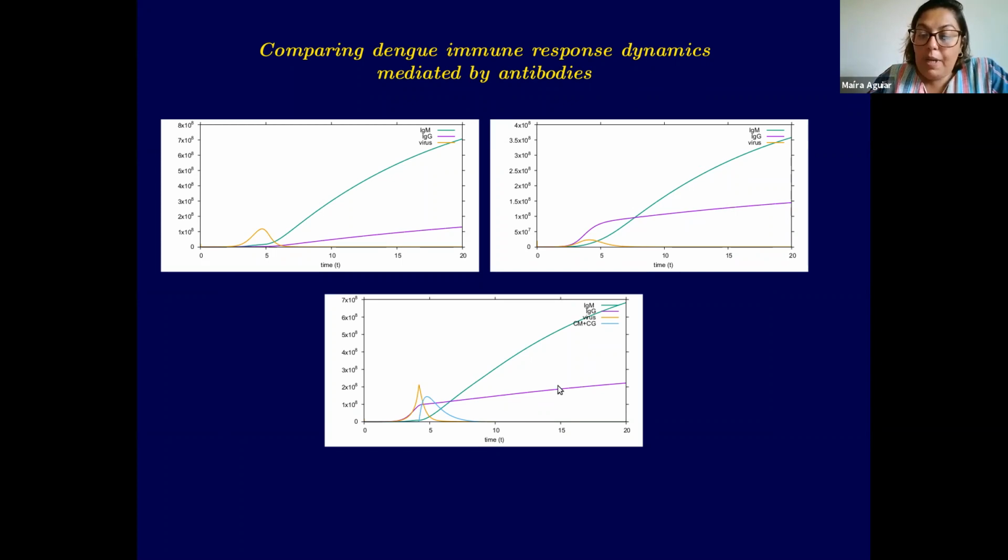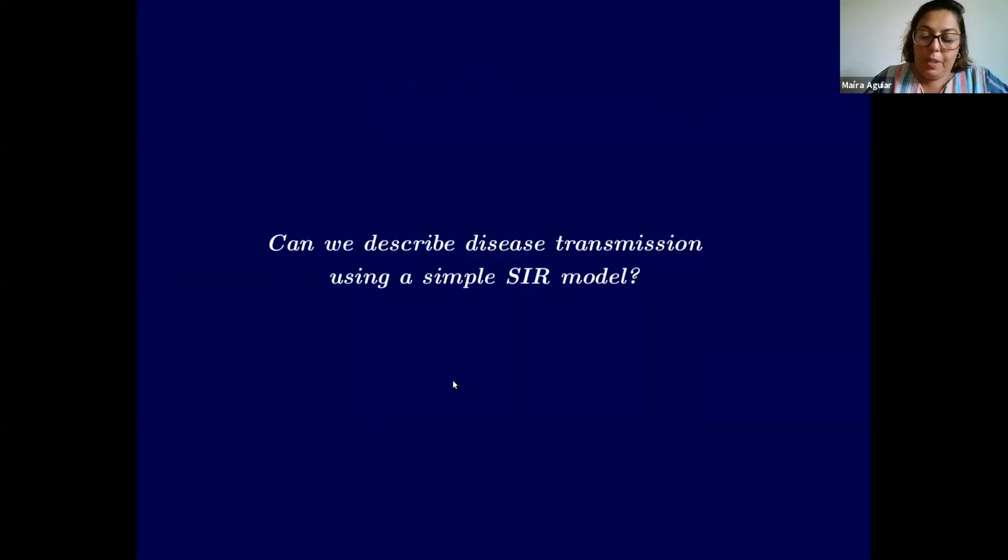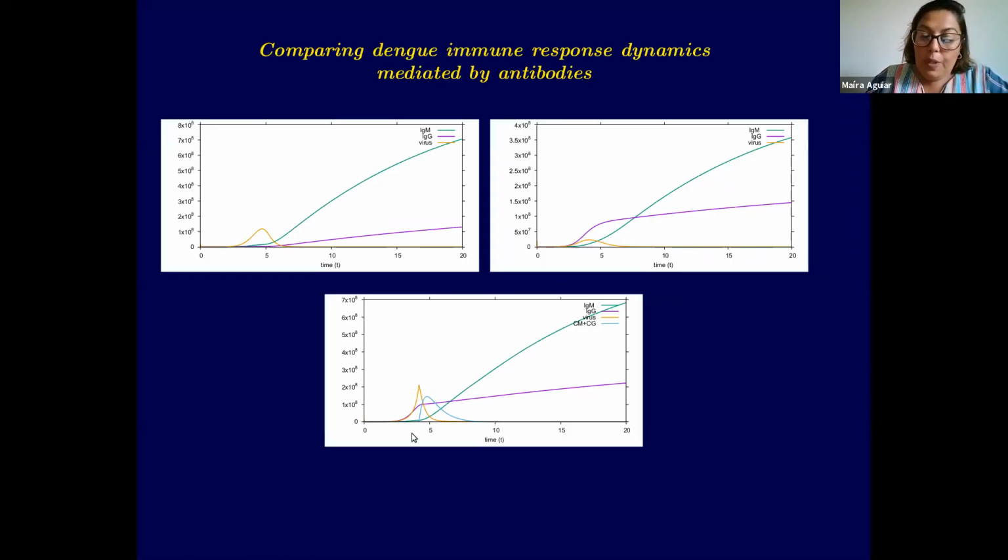And in the secondary infection with a different serotype, we have a much higher viral load, which is correlated to symptoms. And that's why this scenario here is correlated to the severe form of the disease. The first immunological response mediated by IgG doesn't work. And then you have a production of IgM leading to a much more enhanced immunological response, which would lead to severe symptoms.